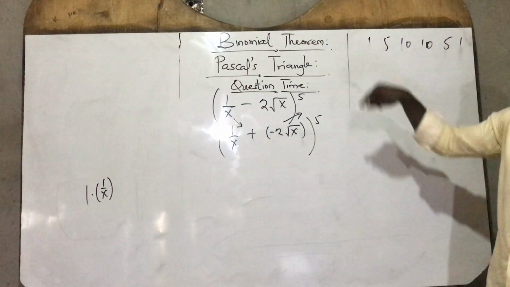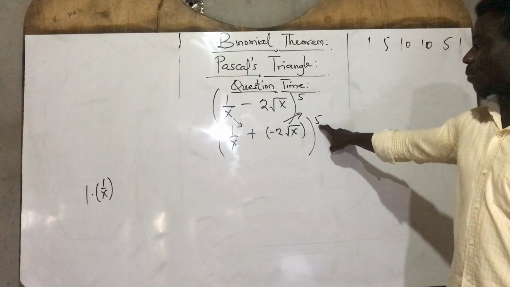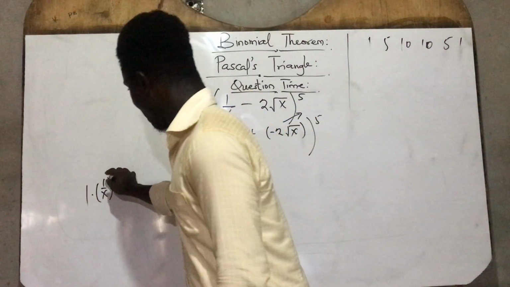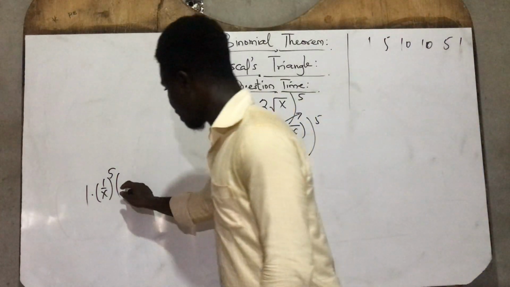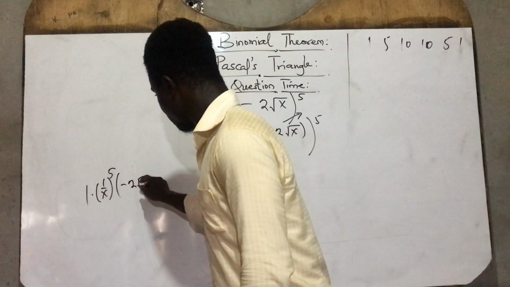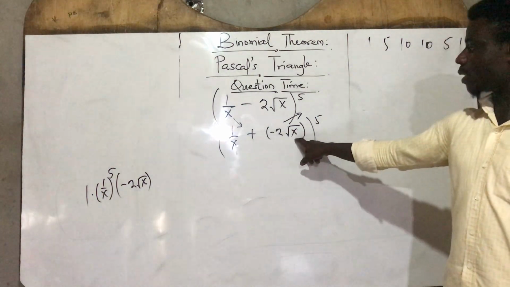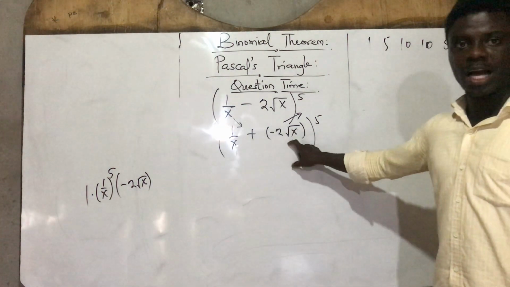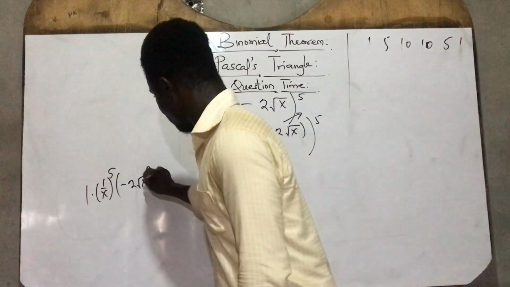Don't forget: decreasing, increasing. So it starts from the highest power, which is 5. Then I have minus 2 root x. This one will increase, so it has to start from the smallest power, which is 0.